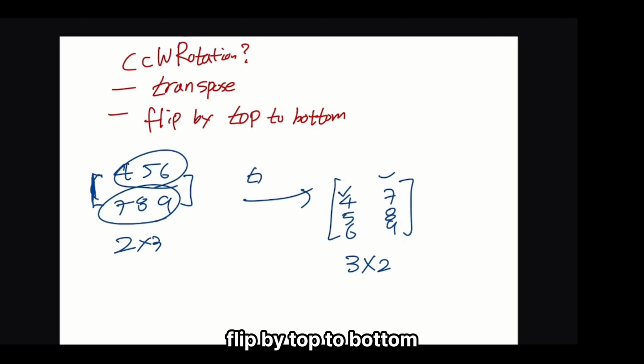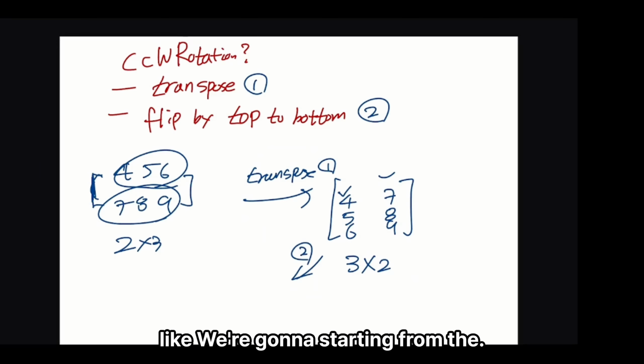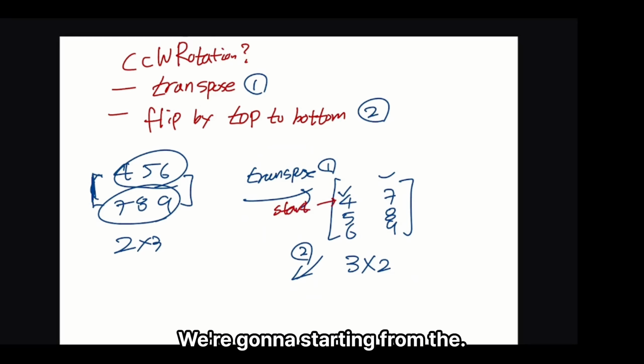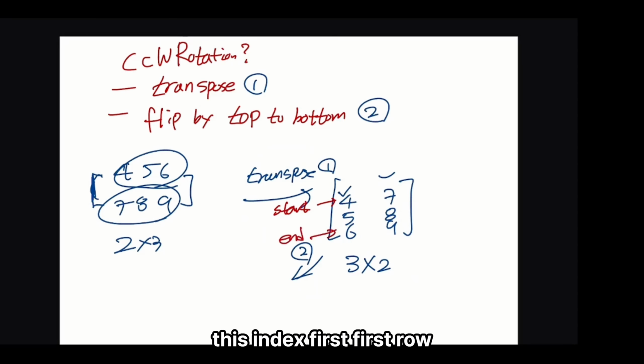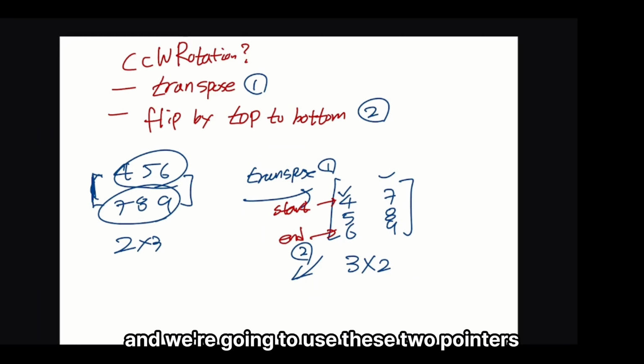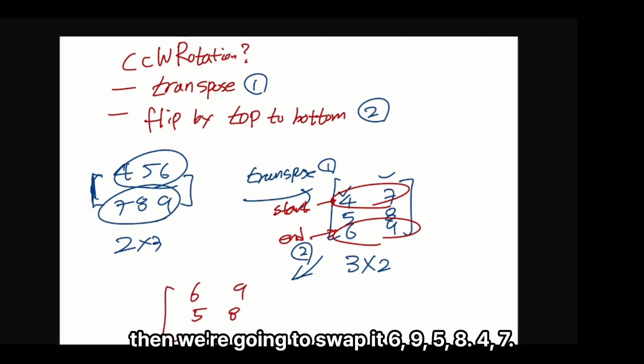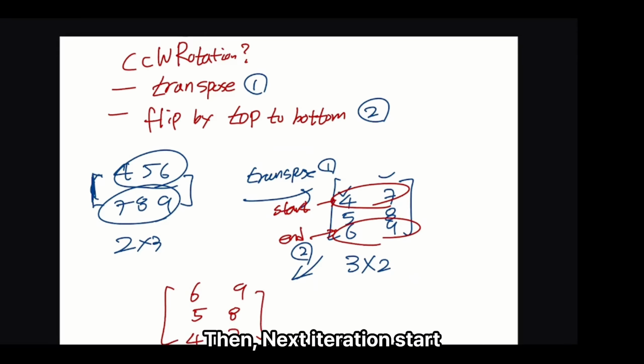This is the transpose, and then we're going to flip. We start from the first row index, and we set up the end index, and we're going to use these 2 pointers. Then we're going to swap: 6, 9, 5, 8, 4, 7. Then in the next iteration the start is going to be here, and the end is also going to be here.